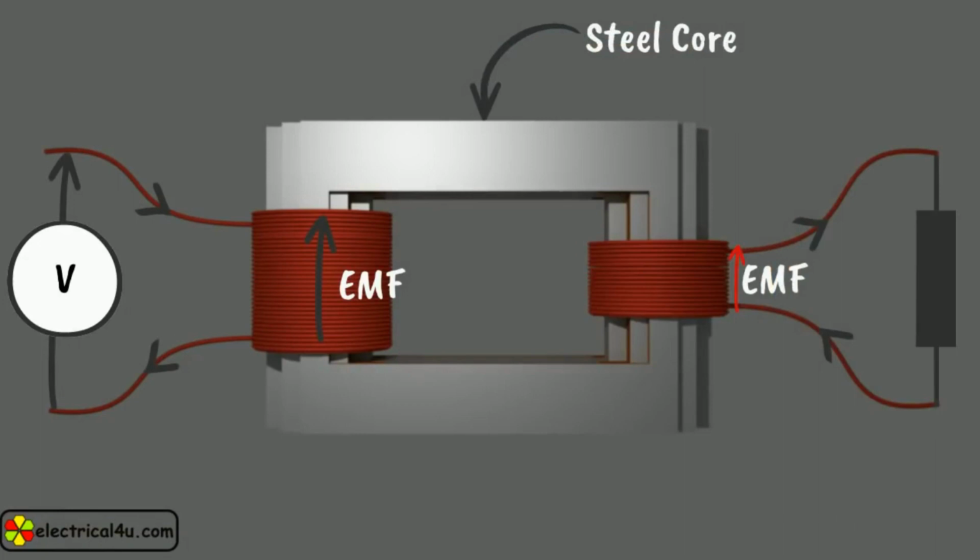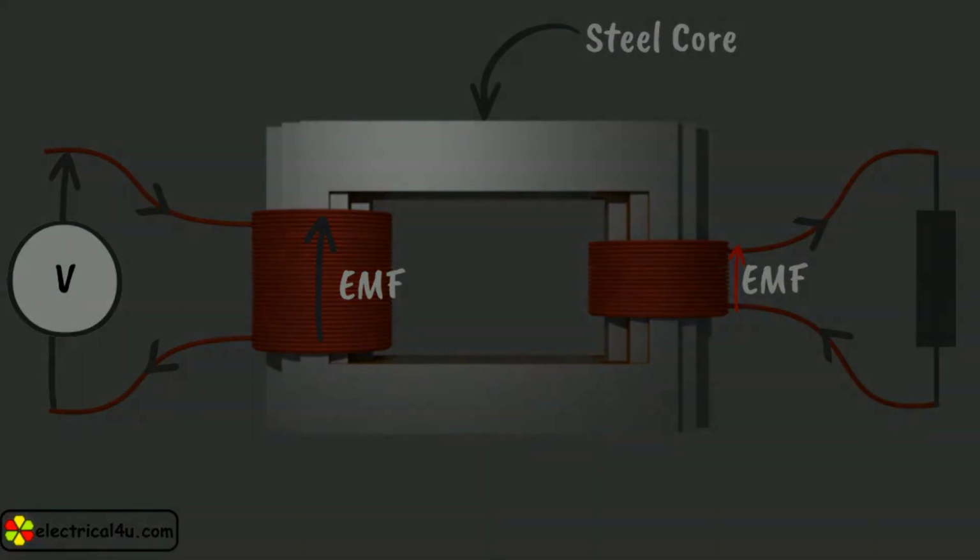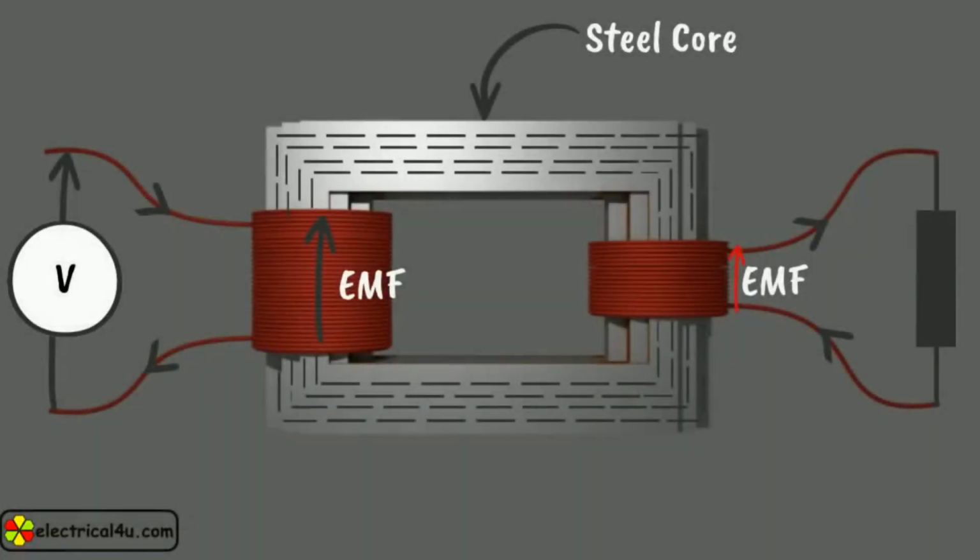Steel is a well-known low reluctant magnetic material, so we normally use steel for making the low reluctant magnetic core in the transformer. As soon as we place a steel core in between these windings, nearly the entire flux which was surrounding the first winding will be concentrated inside the core and link with the second winding.